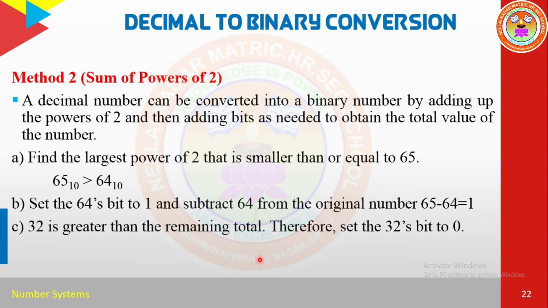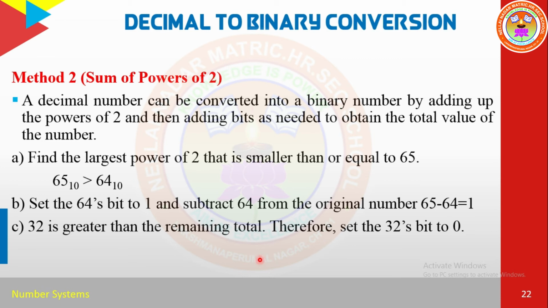So which one is the largest power of 2 up to that value? Our question number is 65, and we want to identify which is the largest power of 2 up to 65.